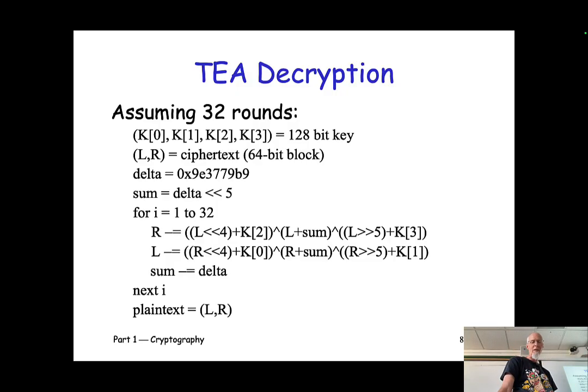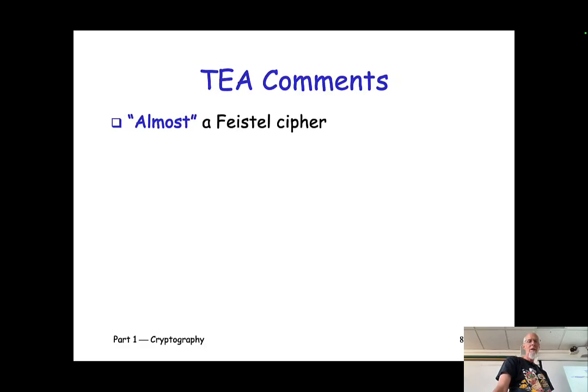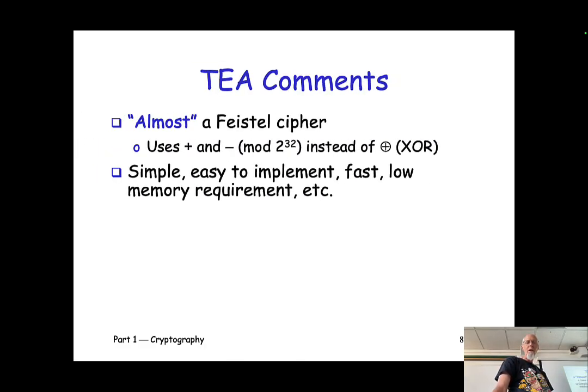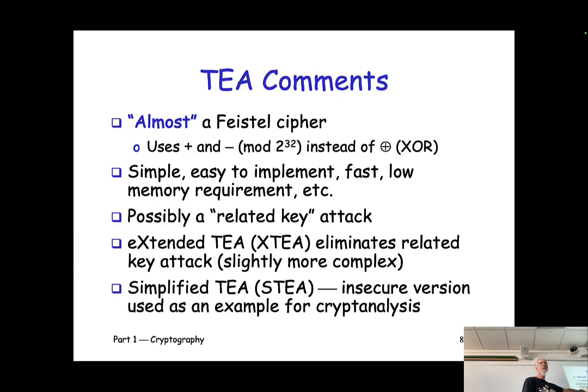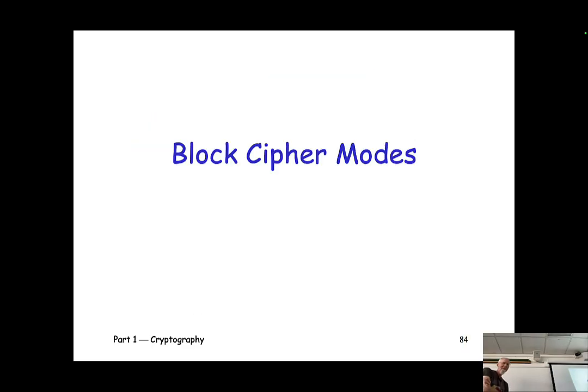So it's actually close, but not quite fitting the definition. Okay, so it's almost a Feistel cipher. It's fast, it's easy. There are some potential security issues, so I wouldn't recommend you use this in practice, but it does at least illustrate that it's possible to construct a pretty simple block cipher.